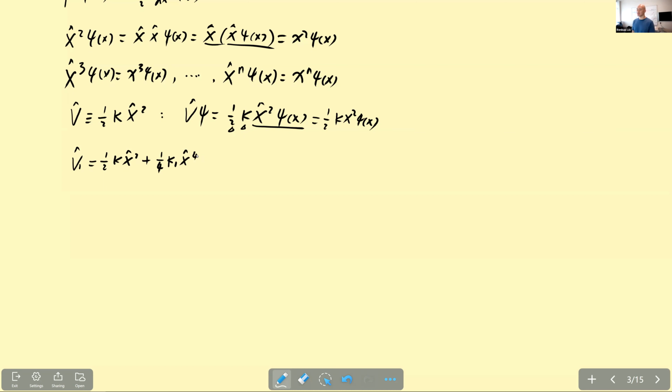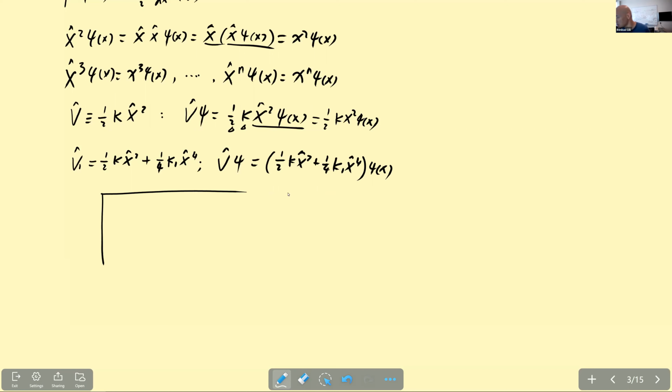For example, you can have this fourth power term, and then you act on this wave function, doing this 1/2 k x squared plus 1/4 k1 x to the fourth power on psi. Now this is a sum of two operators.